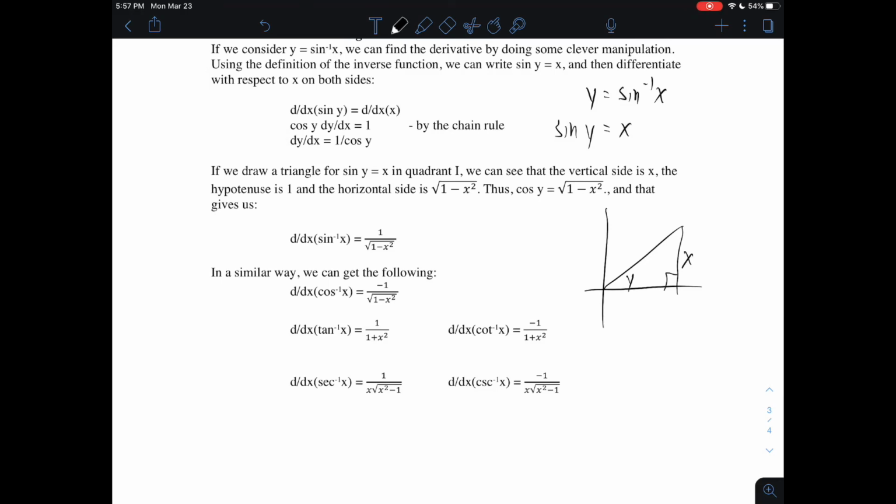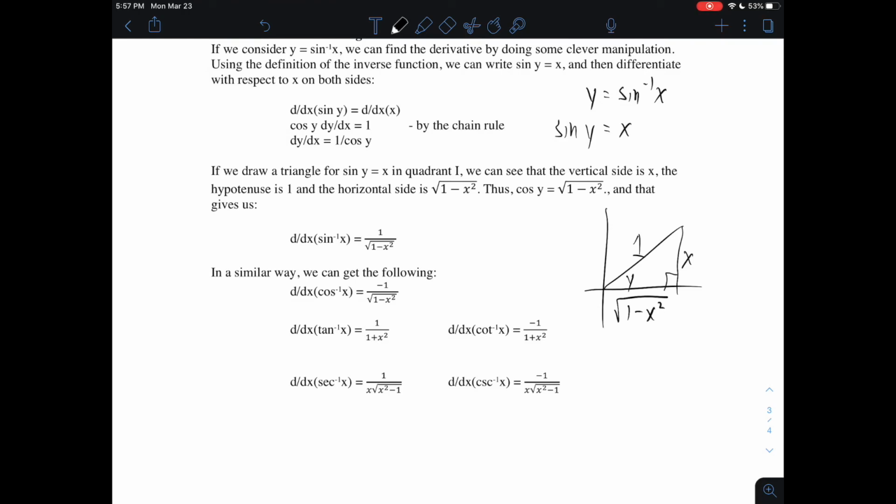And then x divided by 1 is x. That means that the hypotenuse has to be 1. And then by the Pythagorean theorem, the horizontal side would be the square root of 1 minus x squared. So that means that cosine y, which is adjacent over hypotenuse, is just the square root of 1 minus x squared.